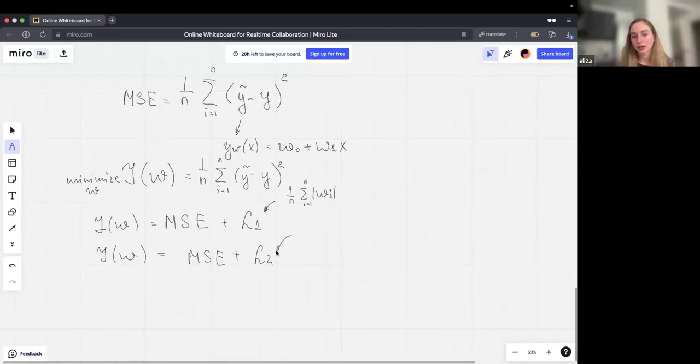And L2, sorry, without coefficient, is the sum of squared weights.